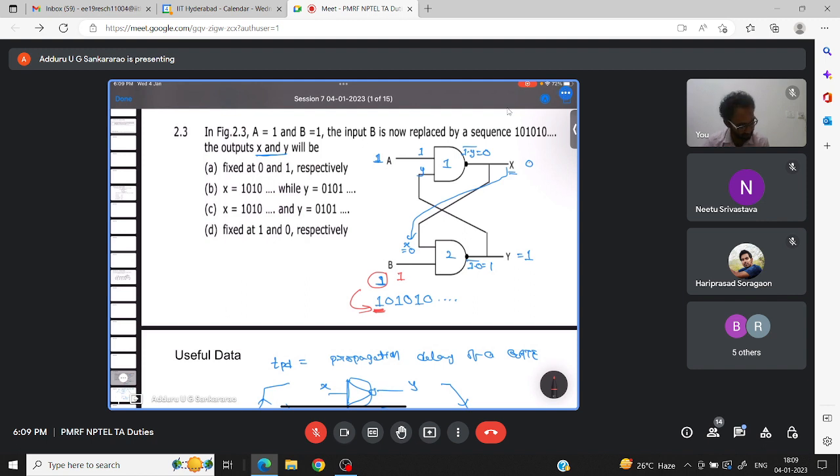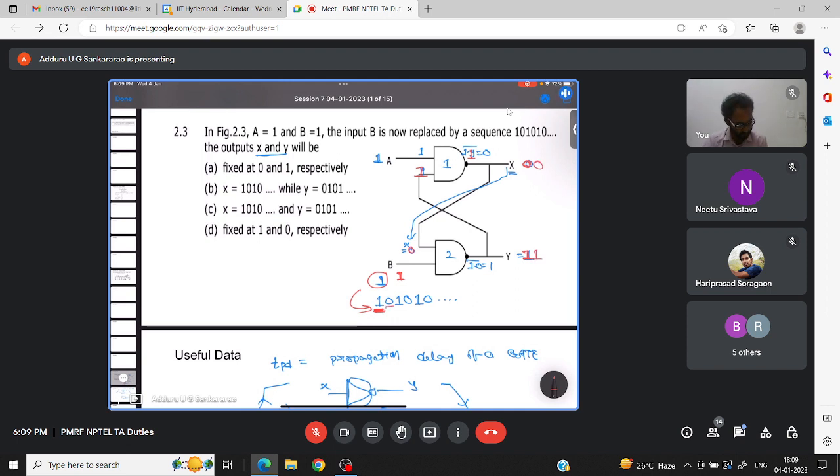Anyway, output of first gate is 0. It maintains the same at 0 only, because Y is already 1 here. Y is 1. 1 and 1 whole complement is what? 0. Now X is 0. This input is 1. No change, right? 0, 1 whole complement is 1 only. Y is at 1 only. That means Y is at 1. X is at 0 only.